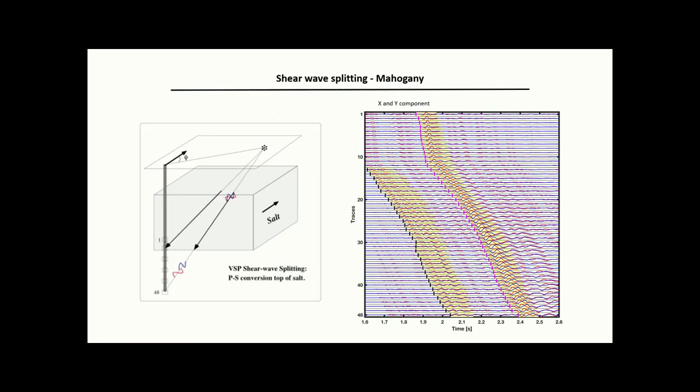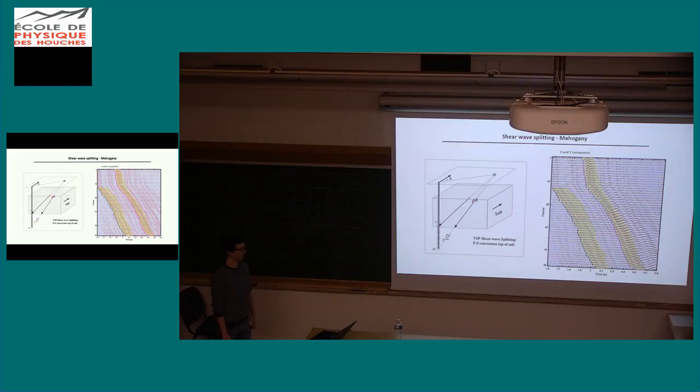We do have a VSP data set from there, which is a vertical seismic profile data set. So I show you how this schematically looks on the left side, where we have a borehole through the salt, and the receivers are vertically aligned on top of each other inside the borehole, and we have a source somewhere far away from the receivers.